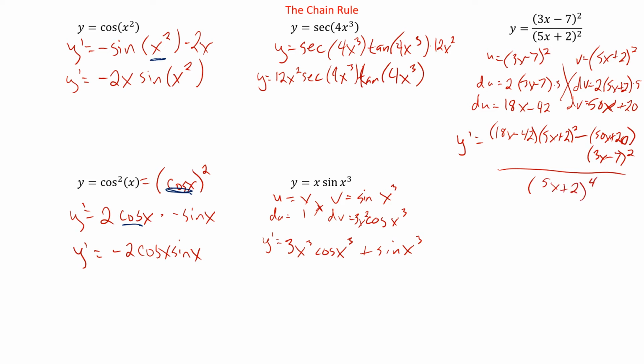These can simplify a little bit. For instance, there's a 5x plus 2 in each of these that could be canceled. But generally speaking, you'd have to multiply it out and simplify down and stuff like that. And that's algebra. And yes, that can be handy to be able to simplify it down, especially if you're dealing with a multiple choice question.